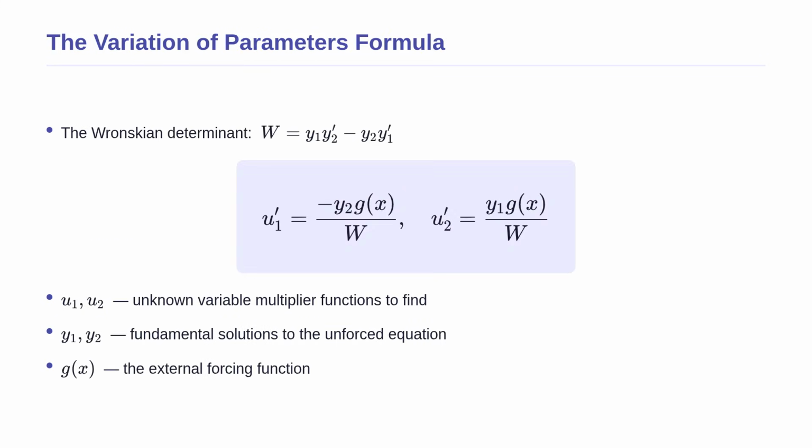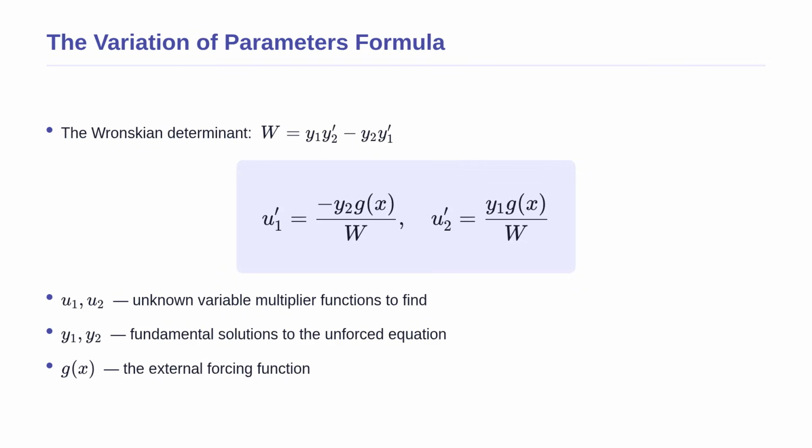This brings us to the mathematical heart of the method. The variation of parameters formula gives us a direct way to find those unknown variable functions. Conceptually, this formula comes from forcing our proposed solution to satisfy the original differential equation while keeping the algebra manageable. Let us look at the symbols.